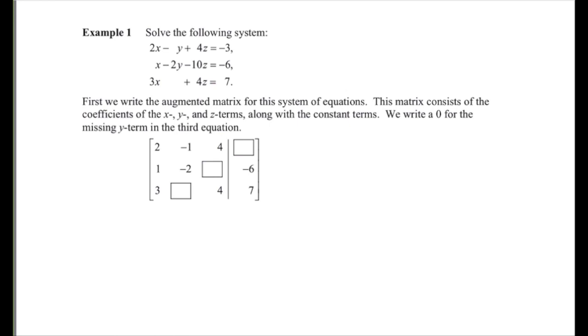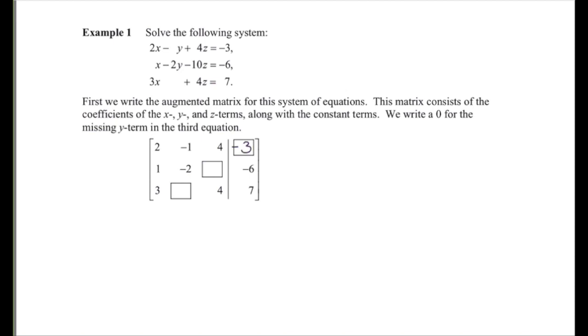Let's first write the augmented matrix for the system of equations. This matrix consists of the coefficients of the x, y, and z terms, as well as the constant term. We will write a 0 in for any missing value that's not there. So when I look at 2x minus y plus 4z equals negative 3, I'll have 2, negative 1, 4, and negative 3.